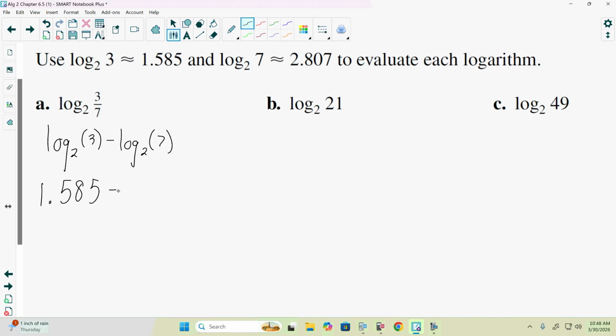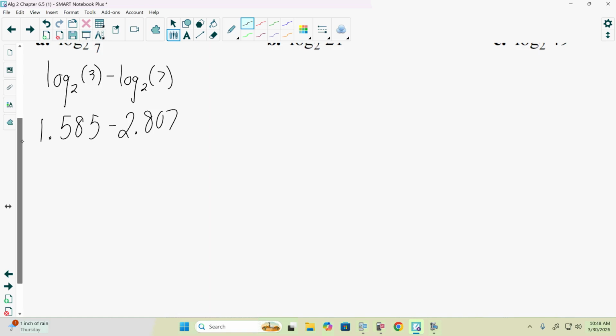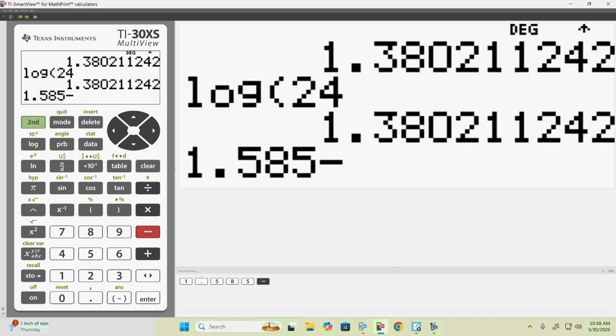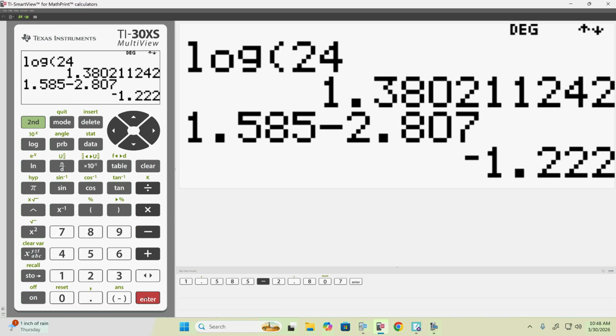And we're going to subtract from it log base 2 of 7, which is 2.807. Now we just need to subtract these two here. 1.585 minus 2.807, which is negative 1.222.